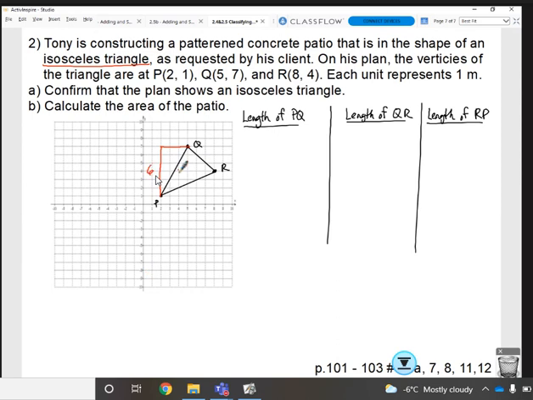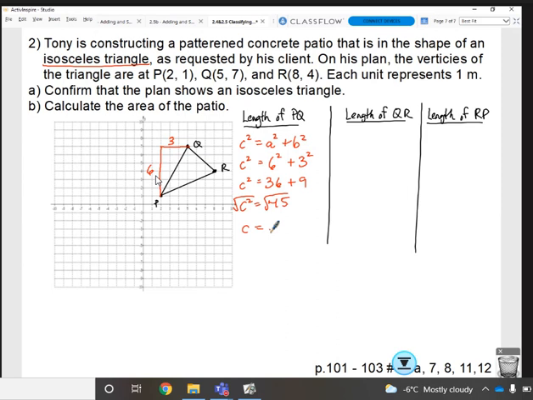By 1, 2, 3. Okay, so if we wanted the length of line segment PQ, you would say C squared equals A squared plus B squared. C squared equals 6 squared plus 3 squared, which is 36 plus 9, which is 45. We take the root of each side.